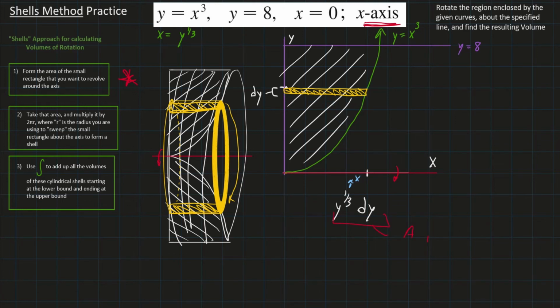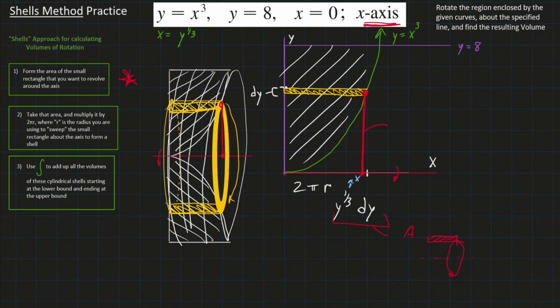So this equation forms the area of one of those tiny rectangles, and now I need to revolve it around my x-axis to form one of my thin shells. And I do that by multiplying this whole equation that I have right now by 2 pi times r. Now, on my model, my r is going to be this. This is going to be the r of the circle that I used to do the sweeping, the revolution. And on my main graph, that's going to be this right here.